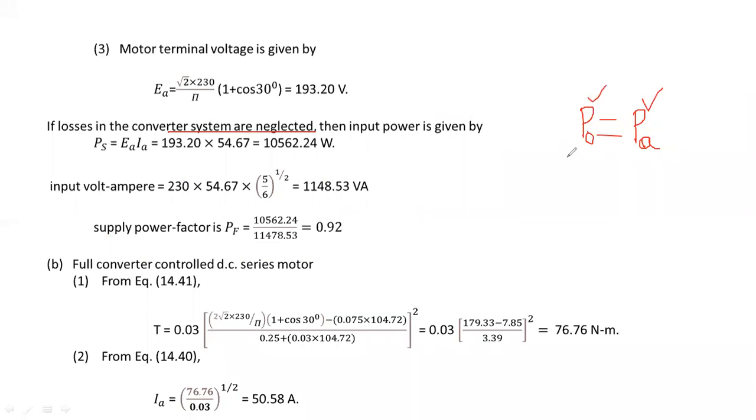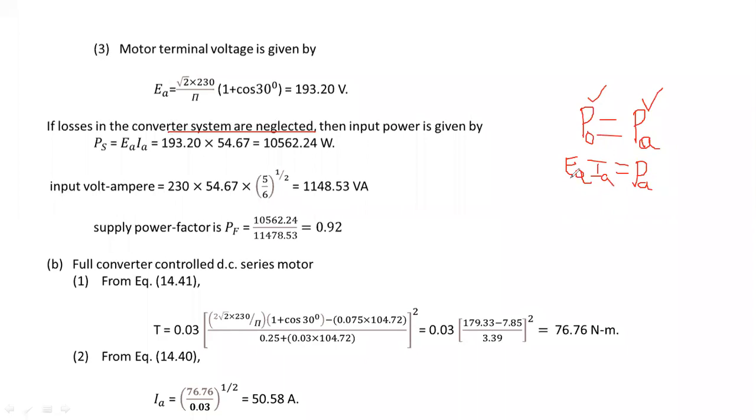We know the output parameters are motor terminal voltage or the load voltage, we can say Ea, and motor armature current or the load current Ia. That must be equal to the input power. This is for a lossless system. We are neglecting the losses simply.